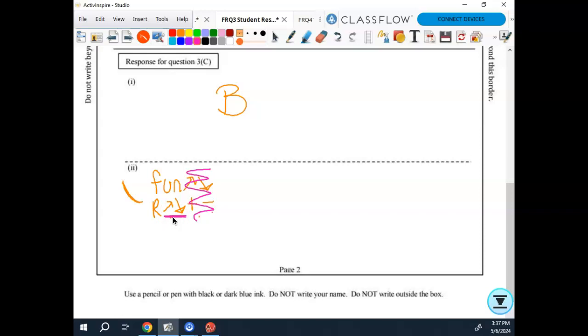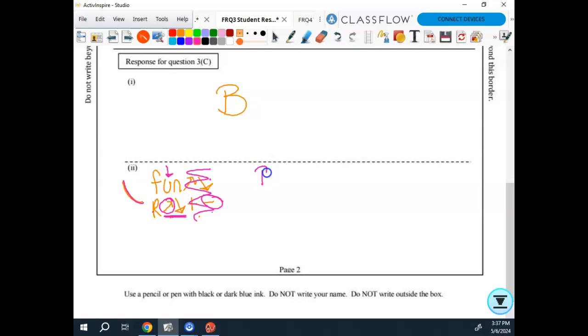Now, if the question asks you for positive or negative, absolutely put it there. But since the function itself is decreasing, the rate of change is negative. Because if you give me the right thing and then say it's positive, you're totally wrong. But what we know here is the function is concave up, which means the rate of change is increasing. So again, take the word "it" and get it out of your vocabulary.